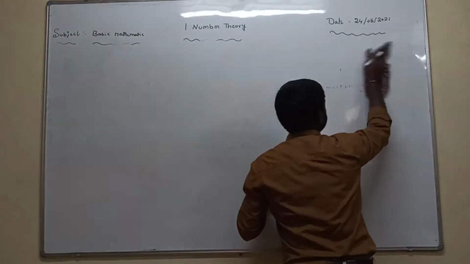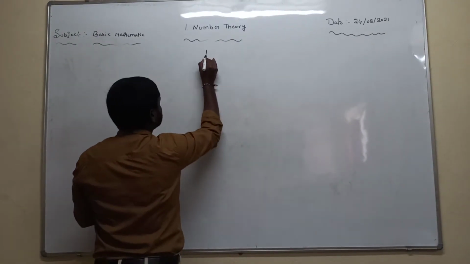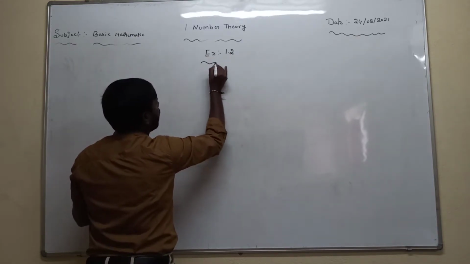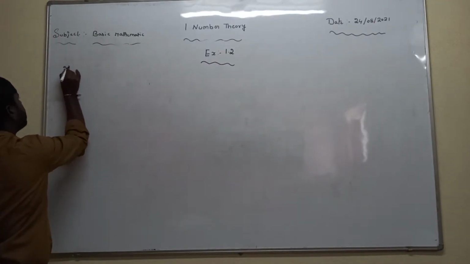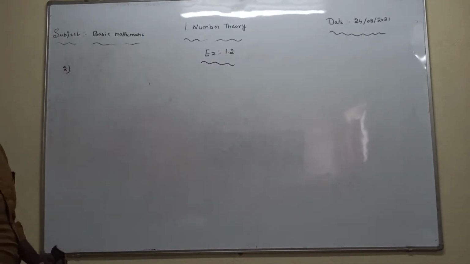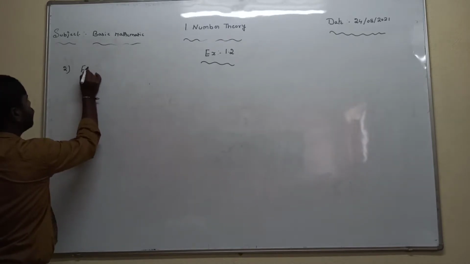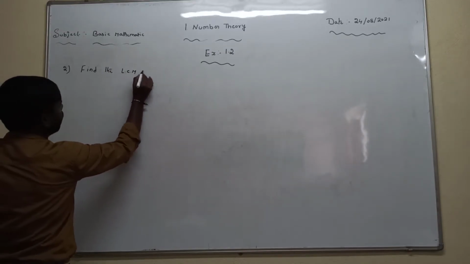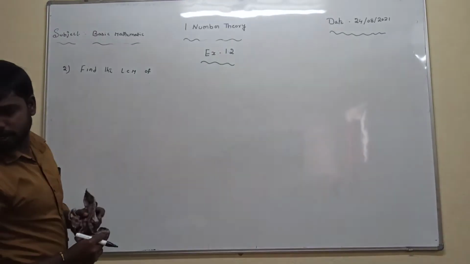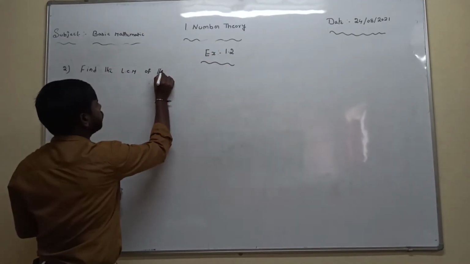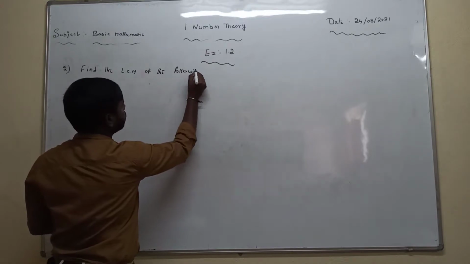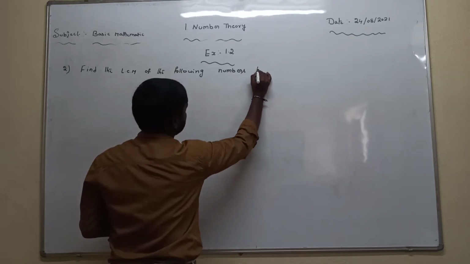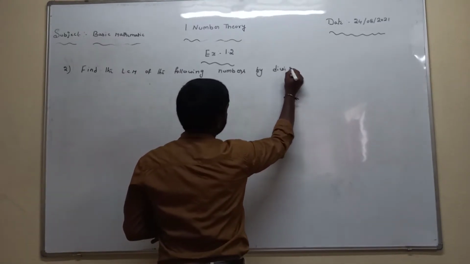See exercise 1.2, question number 2. What we are asked is to find the LCM of the following numbers by using the division method.